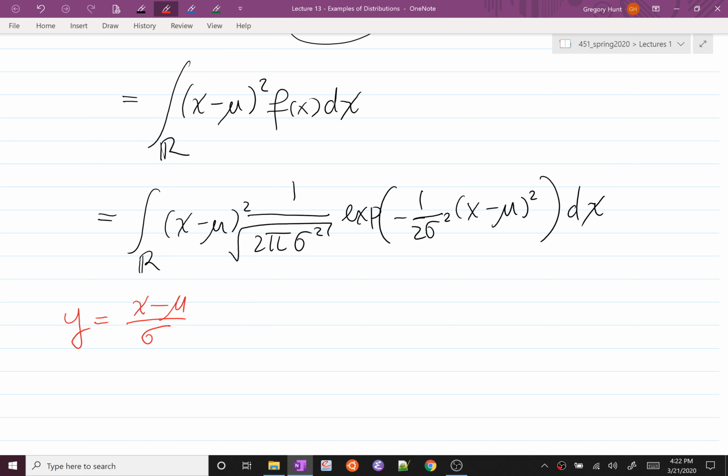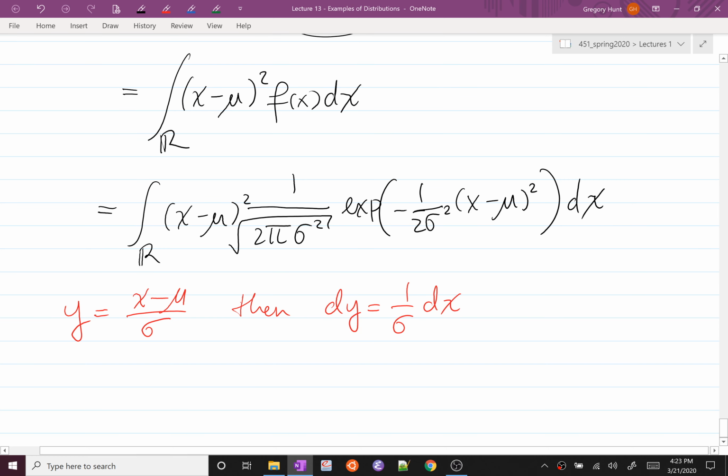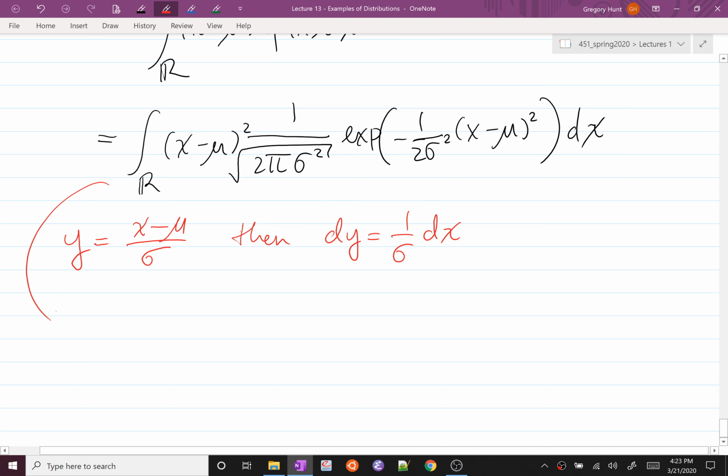If I do this, then dy is 1 over sigma dx. And my integral above here can now be rewritten. I have my root 2 pi sigma squared that stays out front.